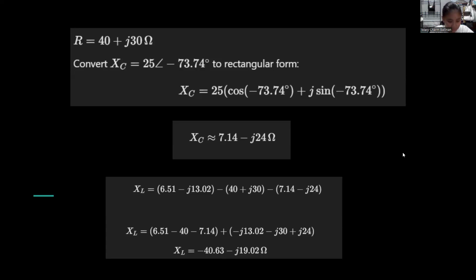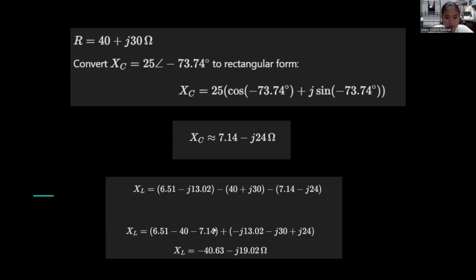If we simplify the values, we'll get 6.51 minus 40 minus 7.14 plus j13.02 minus j30 plus j24. This is the given formula for subtraction when it comes to complex numbers. Everything should always be in rectangular form.